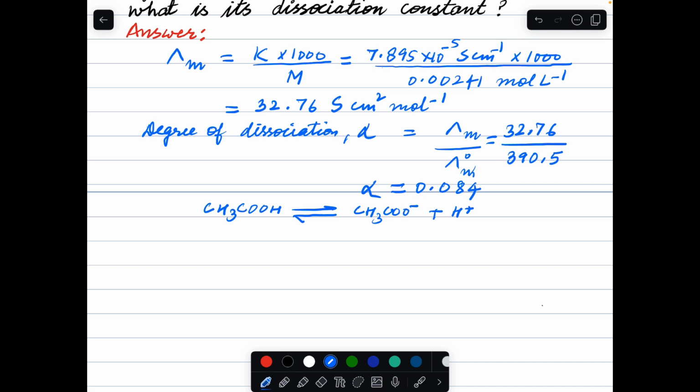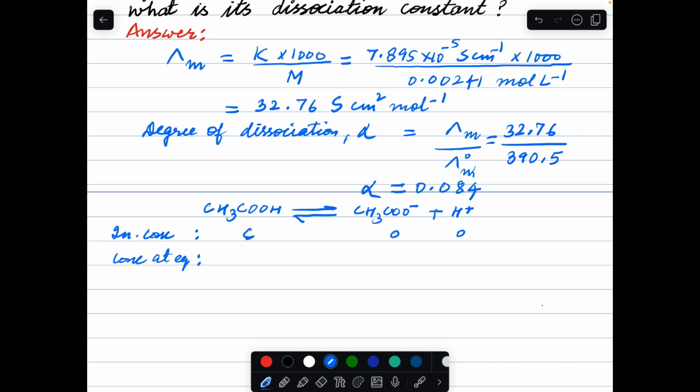Initially, before dissociation, this is the concentration of acetic acid, and these are the concentrations of acetate ion and H plus ion. But at equilibrium, because it is a weak electrolyte, once some specific amount of ions are produced, further dissociation will stop and the system will come to an equilibrium state.